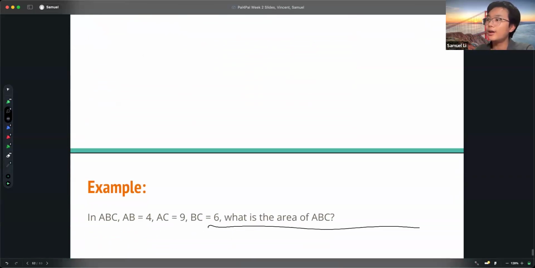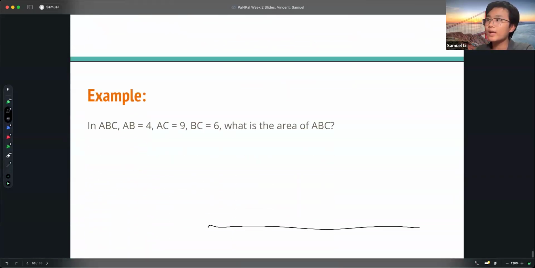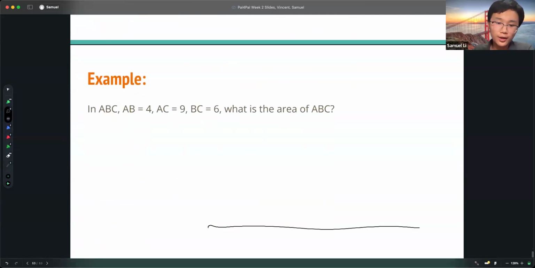So I'll do this one real quick. Let's do this one first, because this one gives a more ugly answer, and I like that. Using Heron's formula, first we compute the semi-perimeter.